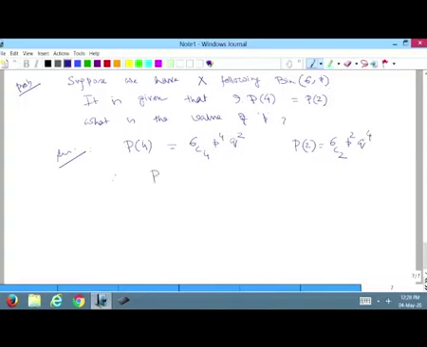Therefore, P(2) upon P(4) is equal to 9.